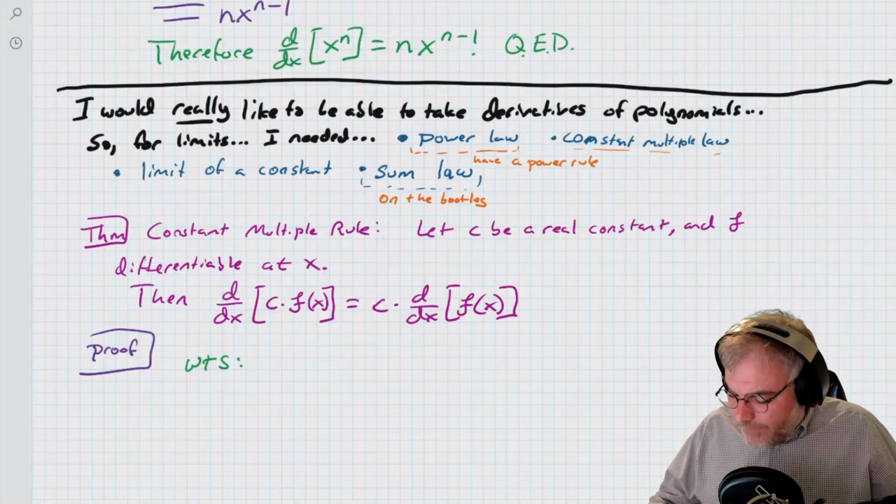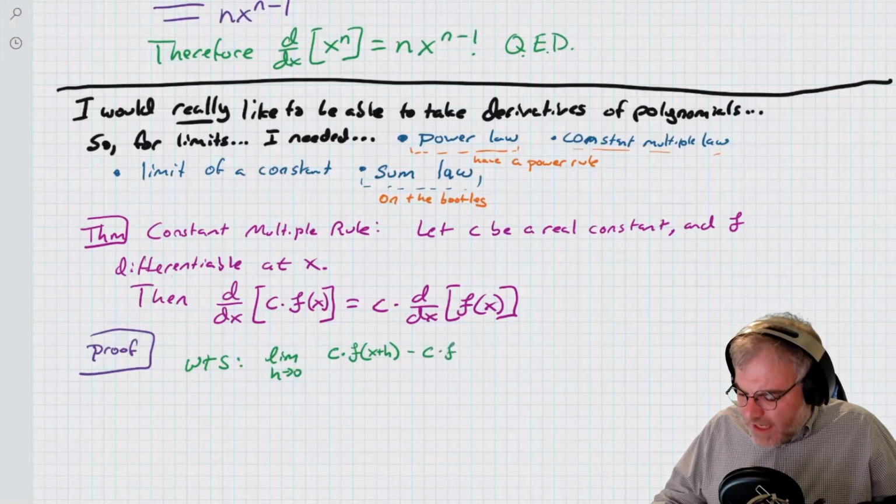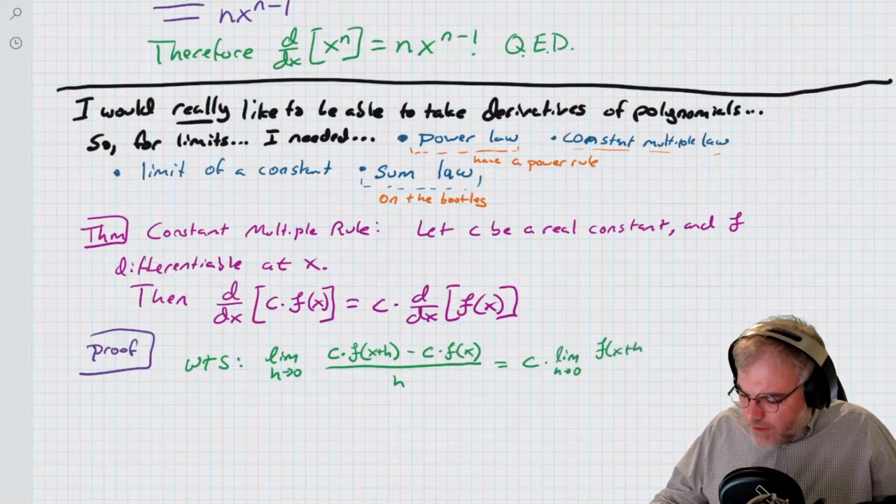I want to show that the limit as h goes to 0 of this thing right here, so remember that c f of x plus h is going to be c times f of x plus h minus c times f of x all over h, equals c times the limit as h goes to 0 of f of x plus h minus f of x all over h.